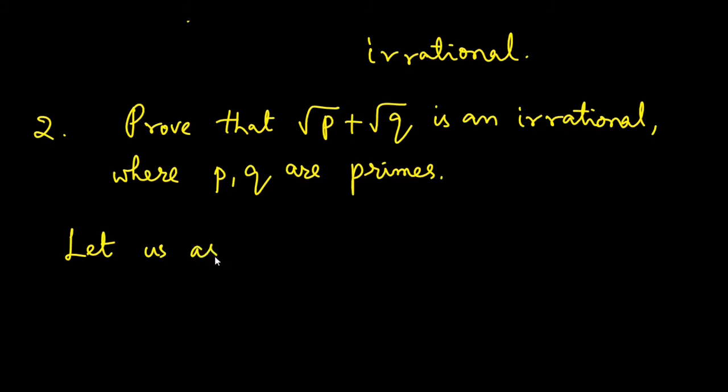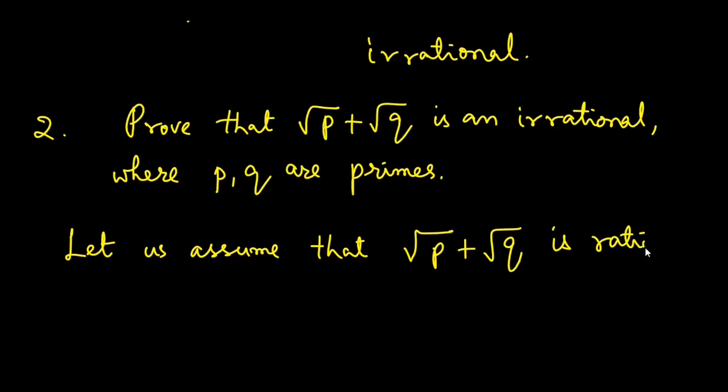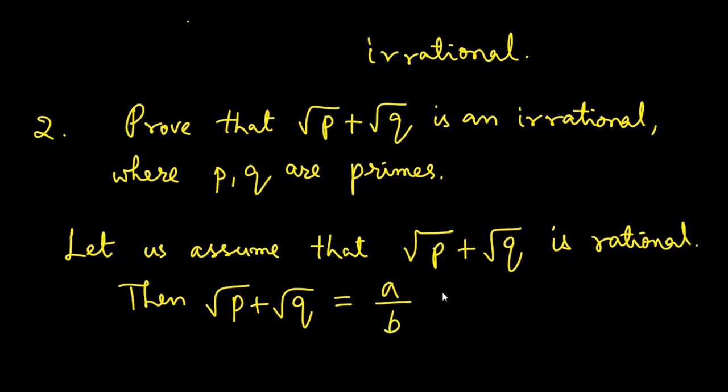Let us assume that root p plus root q is rational. Then root p plus root q is equal to a by b, where a and b are co-primes and b is not equal to 0.